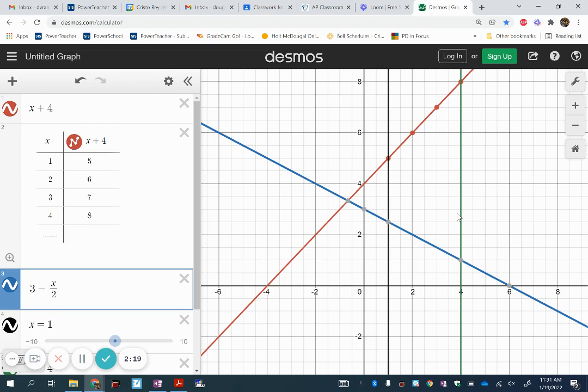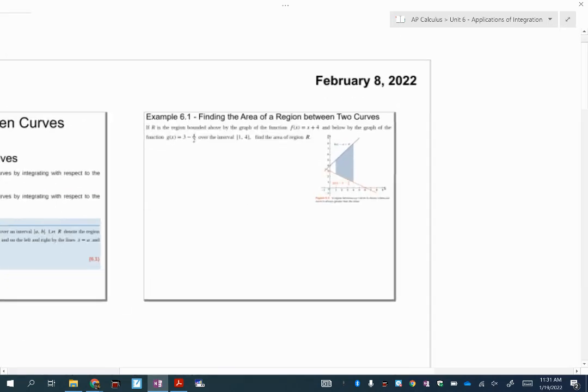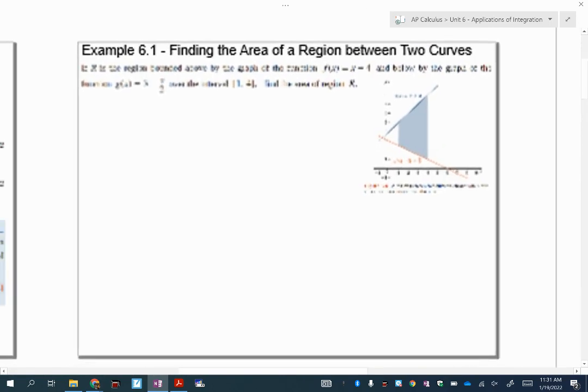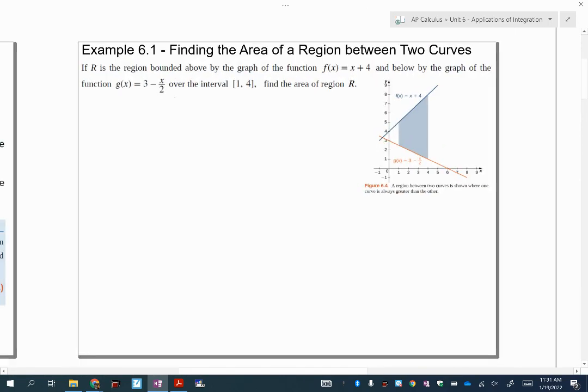So we're going to do the integral between 1 and 4 of the x plus 4 function minus the 3 minus x over 2 function. Let's put that here in the first slide. We have the integral from 1 to 4 of x plus 4 minus 3 minus x over 2.